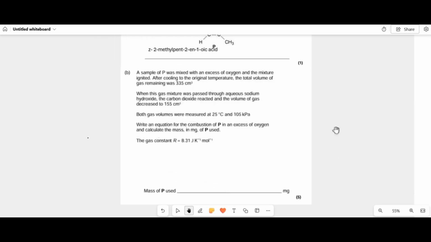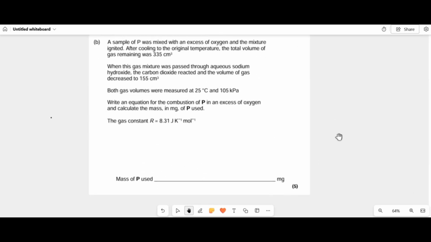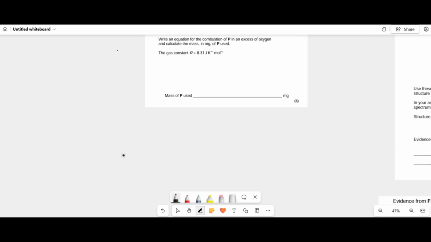Sample P was mixed with excess oxygen and the mixture was ignited, so we're going to have a combustion situation here. We already know what sample P was, it gave us the formula above. I'm going to go below because there's more space. So it's going to be C6H10O2, plus oxygen, O2. It's going to go to CO2, carbon dioxide, and H2O. That's just a standard combustion reaction.